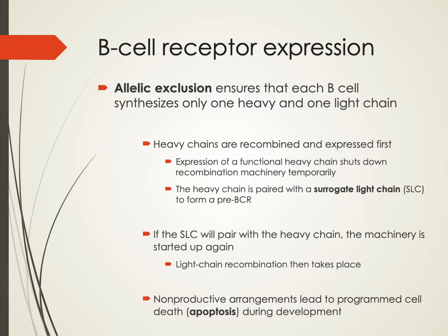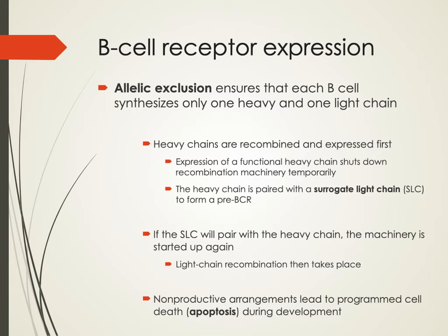If that surrogate light chain is able to pair with the heavy chain, then the machinery starts back up, so that we can undergo recombination to the light chain. So it's kind of like if they don't match, you're not going to put the effort into moving forward because you have a bad heavy chain, right? So you put the energy in, get a good heavy chain, test it out with the surrogate light chain.